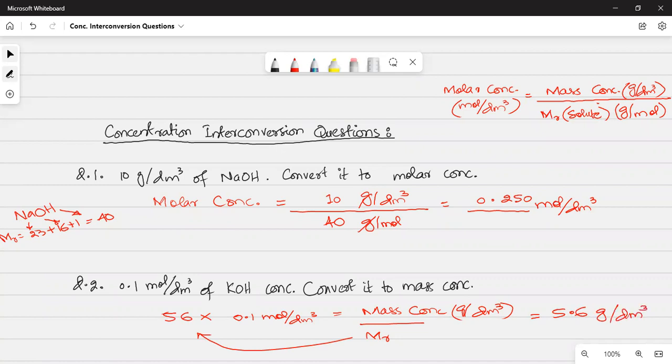In order to convert it into three significant figures, it's 5.60 gram per decimeter cube. I hope you have done it in the exact same way, right? Yes, sir. Great. Then you know how to handle these kinds of questions. Now, I could do another if it's possible. Good, great. And I am pretty hopeful that you're going to get them right.